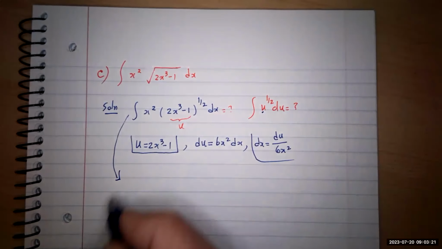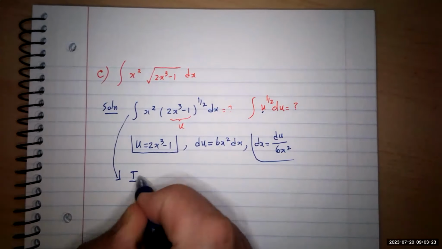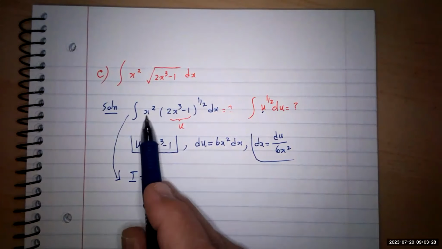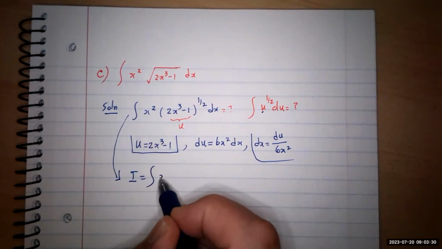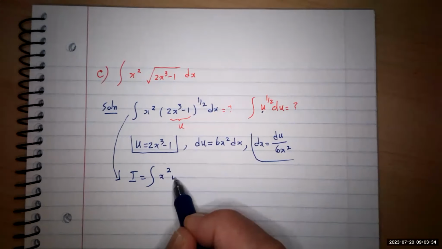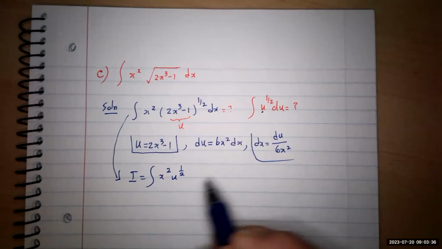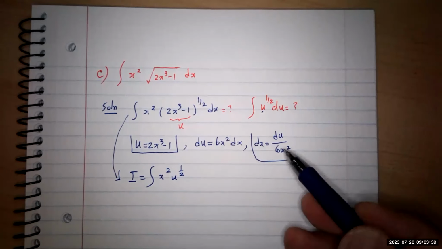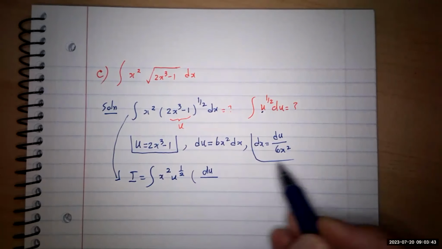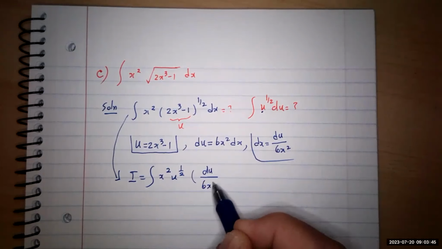So that's it. We bring this one down. You can call it I if you don't want to repeat it. So it's going to be equal to x squared, since you don't have anything for x squared, we just repeat it. Inside is u, so it's u to the 1/2 times dx, and that gives you du over 6x squared.